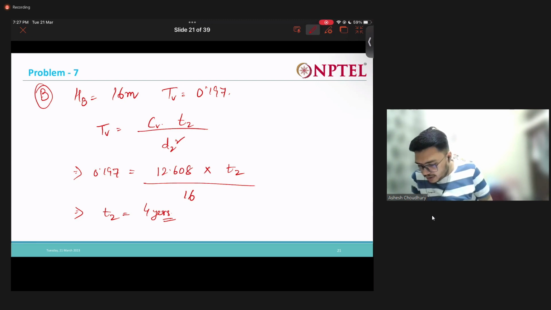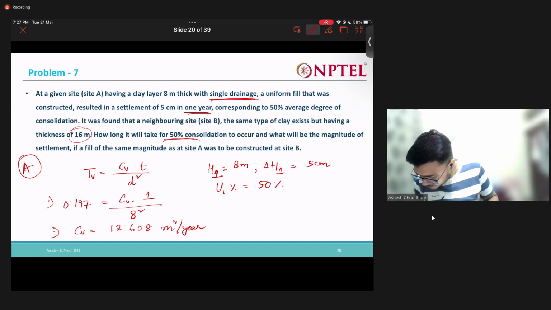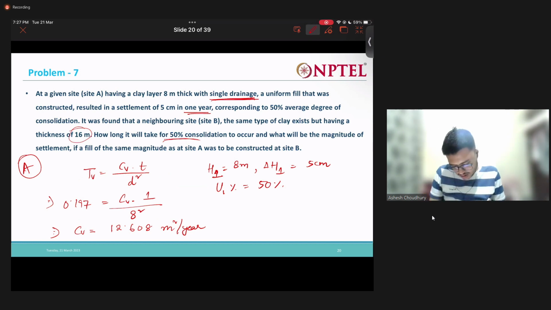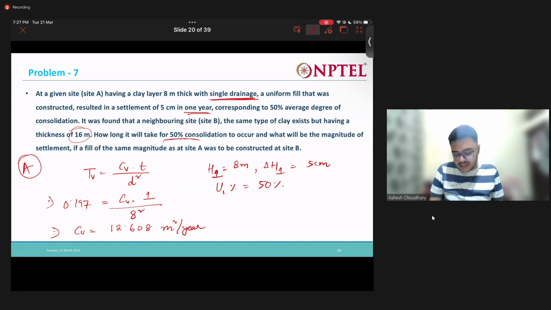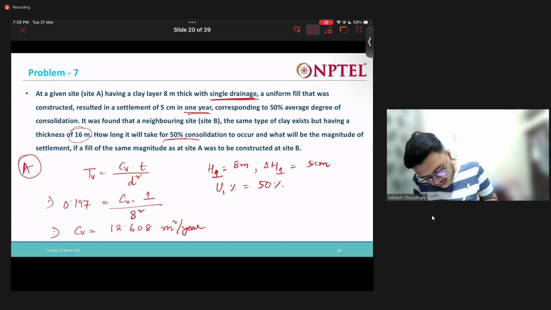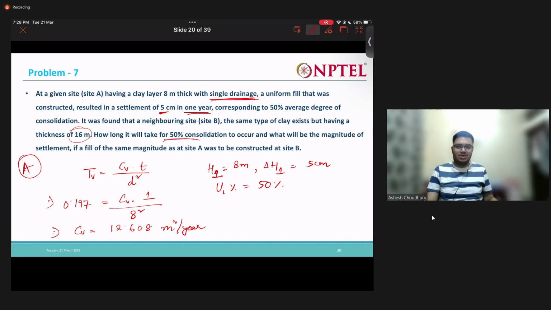Now we are also asked to find the settlement. Here 5 centimeter settlement is occurring at 50% consolidation, and at site B also 50% consolidation.